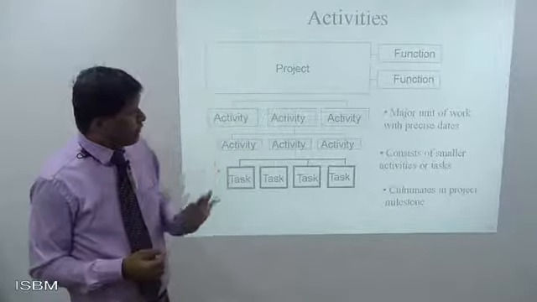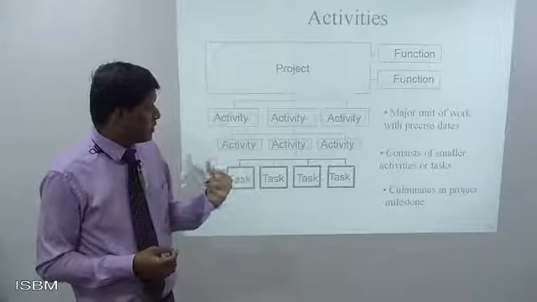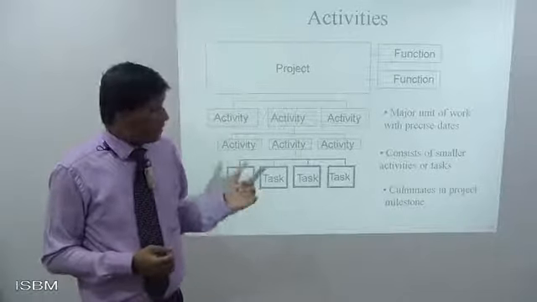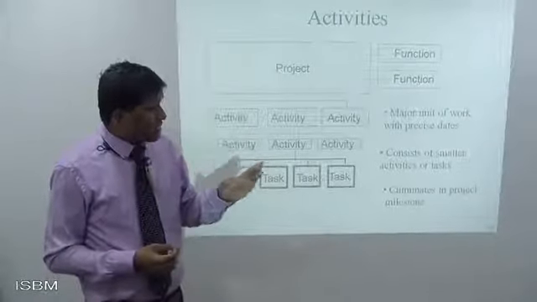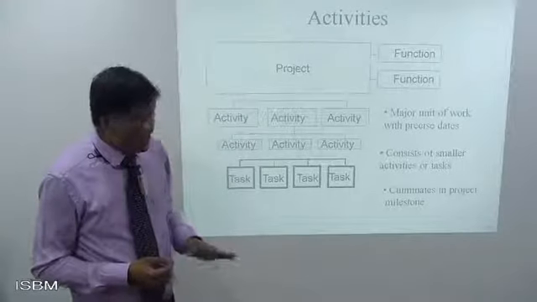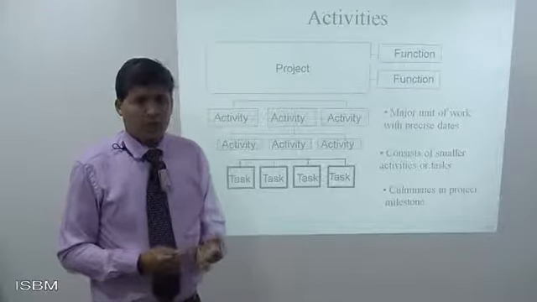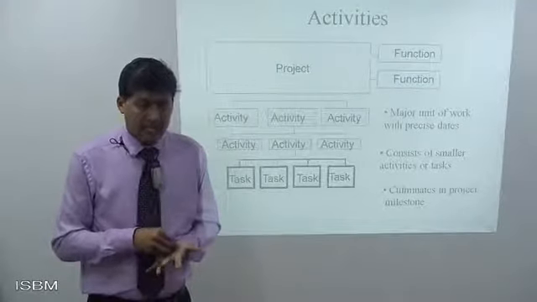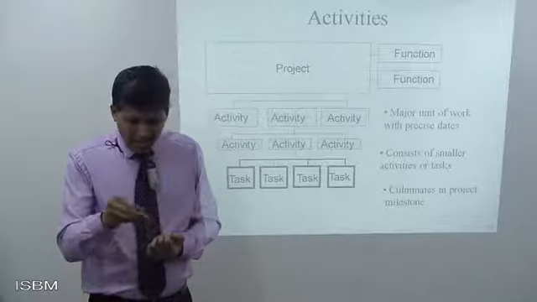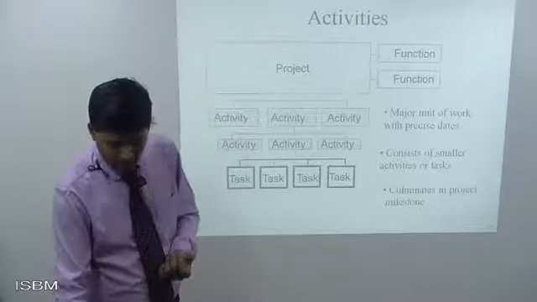Once again, group of function is project, group of activities is function, group of tasks is activity, and activities also consist of smaller activities or tasks and culminate in project milestones. So all these actionable areas are sorted and put across as milestones so that they could be tracked and measured as well.